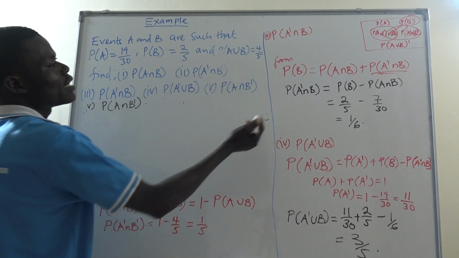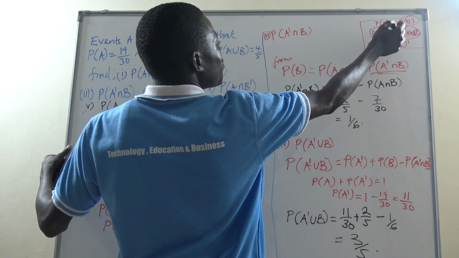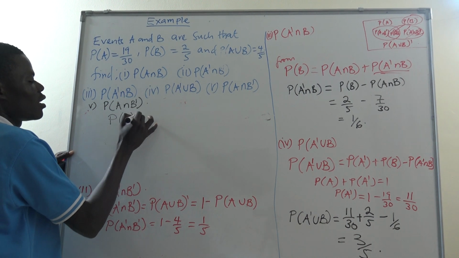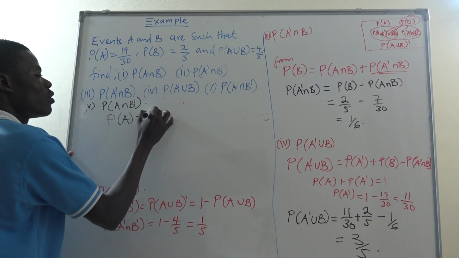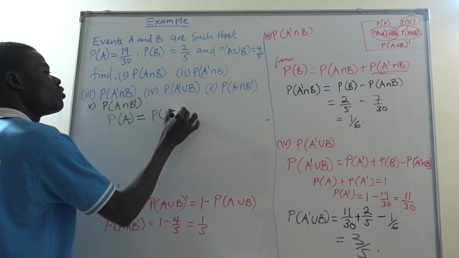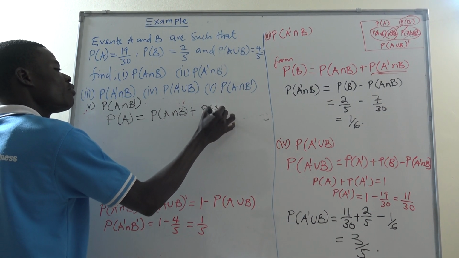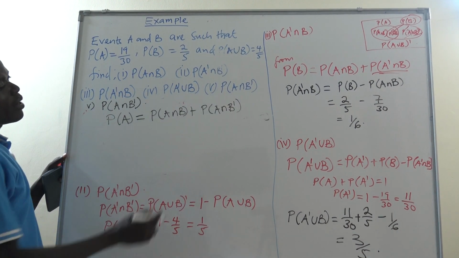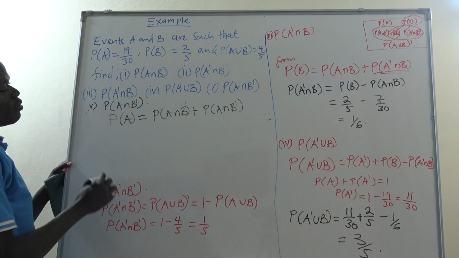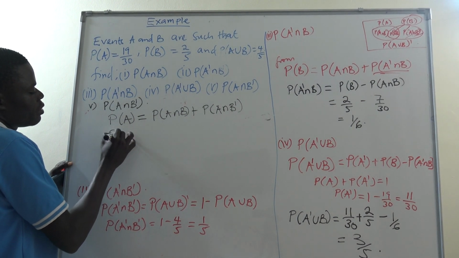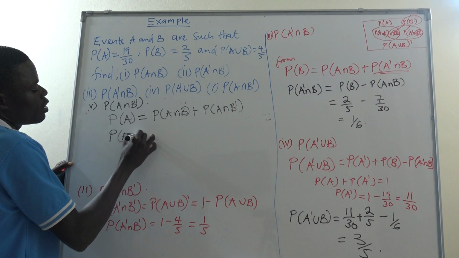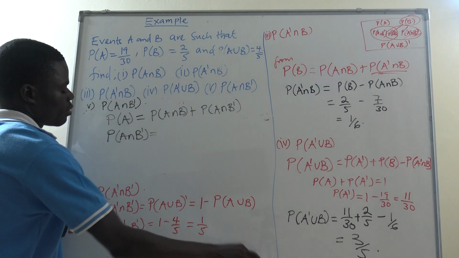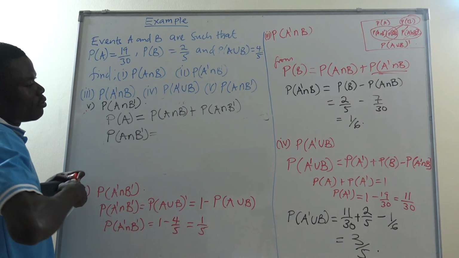From the same diagram, our probability of A equals probability of A intersection B plus probability of A intersection B complement. But what we want is probability of A intersection B complement.